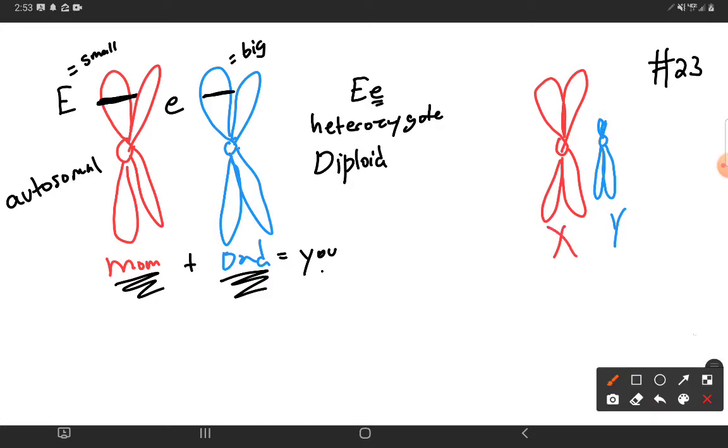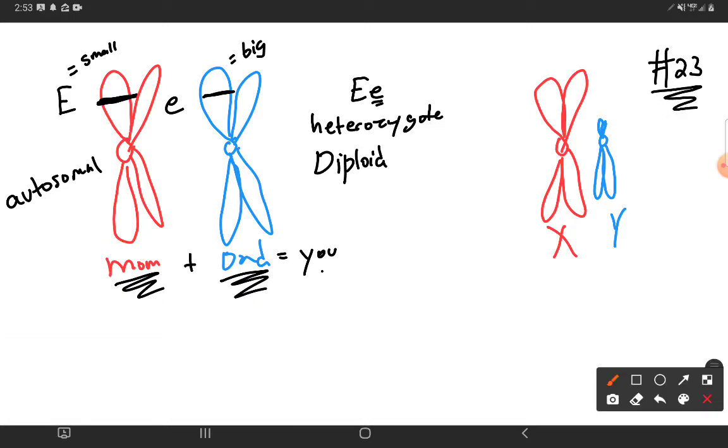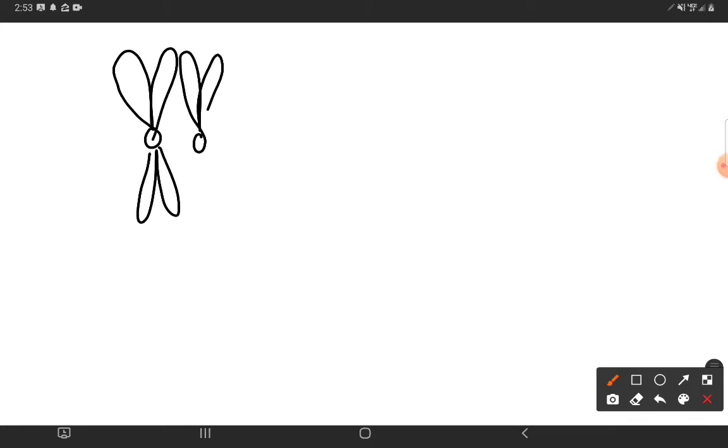This is only true for this pair. All other chromosomes are identical in the number of genes they have. On the 23rd pair, however, there is genetic information missing for males. And so if you are a woman, you have two X chromosomes.